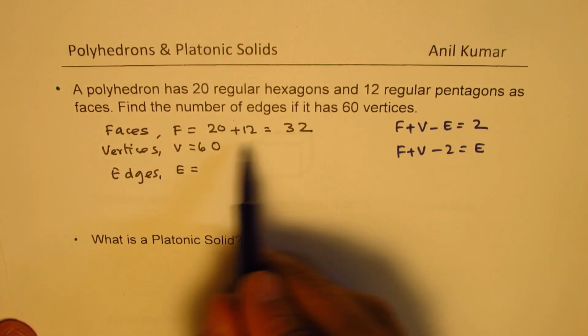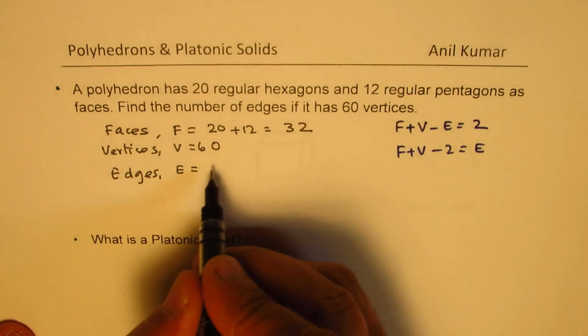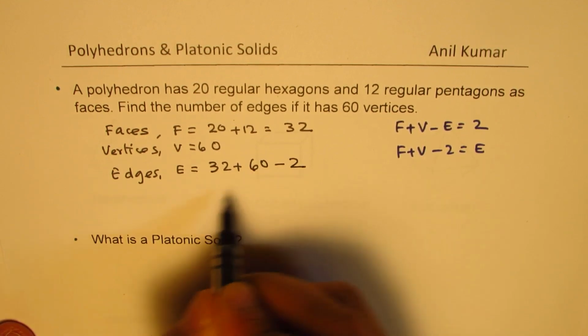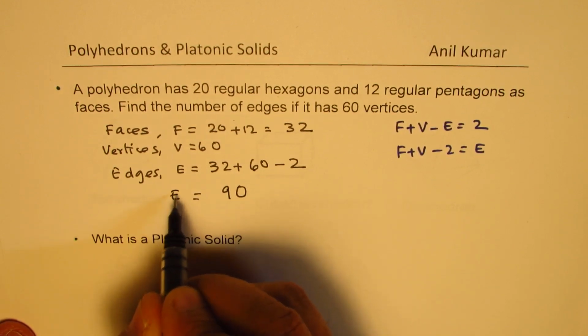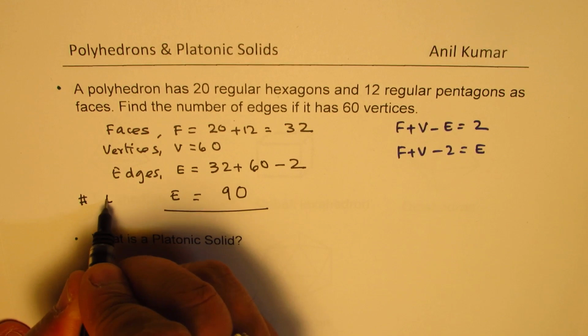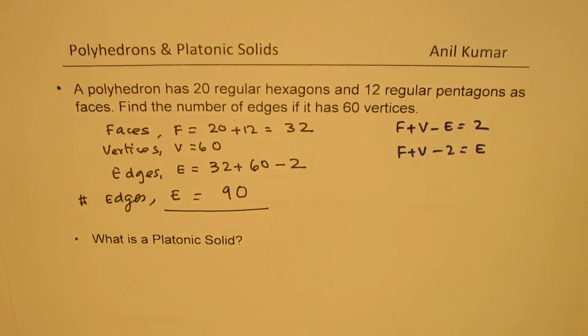You can add these two and take away 2. So let's do it. Faces is 32 plus 60 minus 2. That gives you 90 edges. So the number of edges is 90 for this particular case. Perfect. That is how we are going to answer this question.